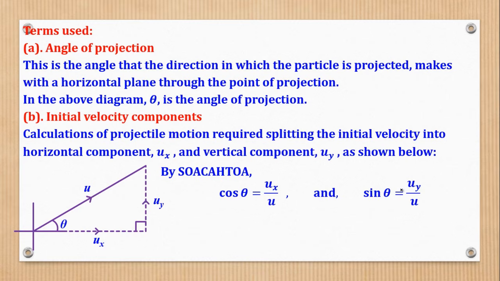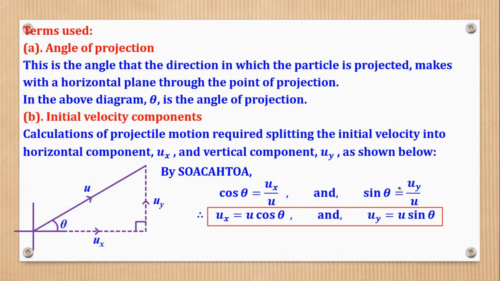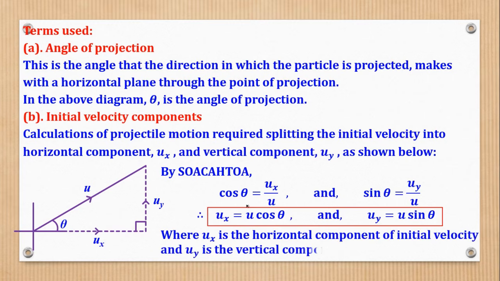From there I can make Ux the subject and also Uy the subject. I'm just reminding you that Ux, because the angle is lying on the horizontal component, will have cos, and the vertical component will have sine. So always remember that Uy has sine and Ux has cos. So that is initial velocity components.